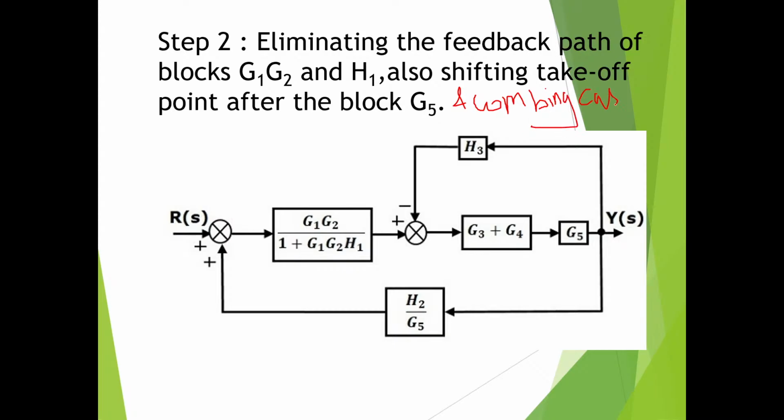What are the cascade blocks that you are going to get? H2 and 1 by G5. So H2 into 1 by G5 means H2 by G5. That's what you will get. So combining cascade blocks, you can add one more statement there in the above step.